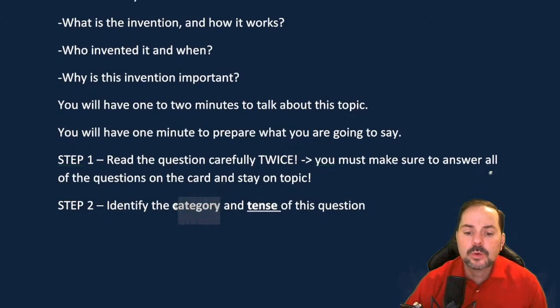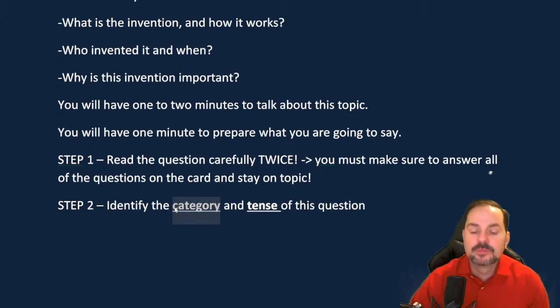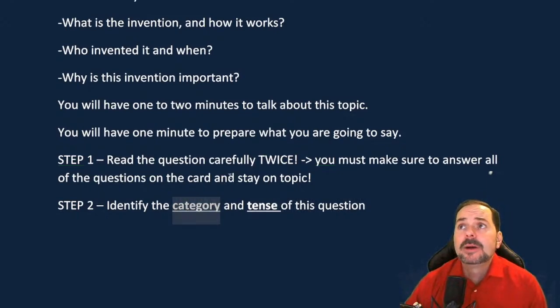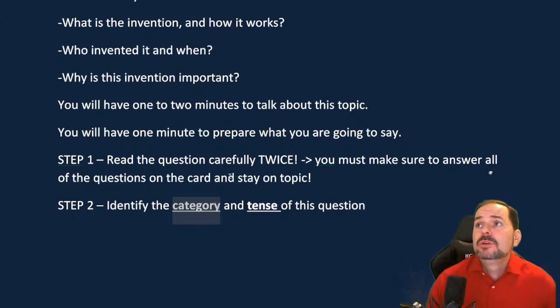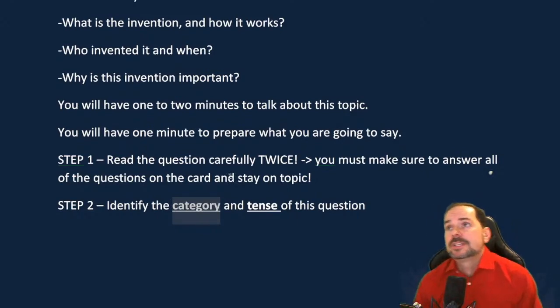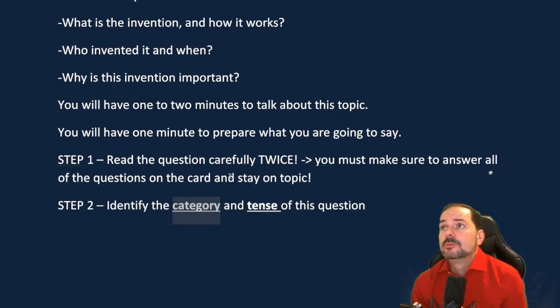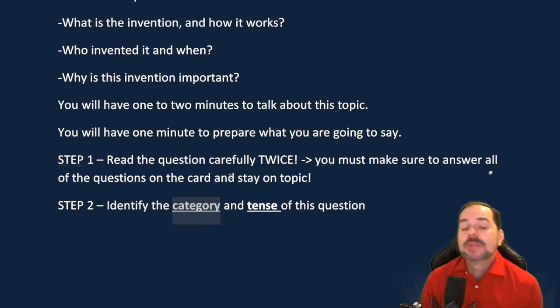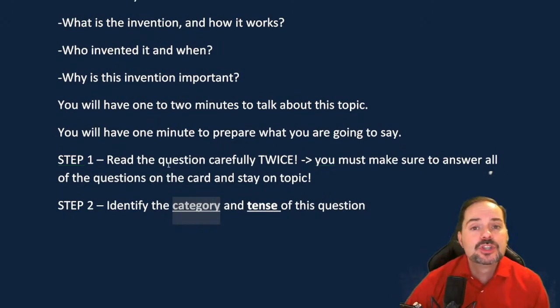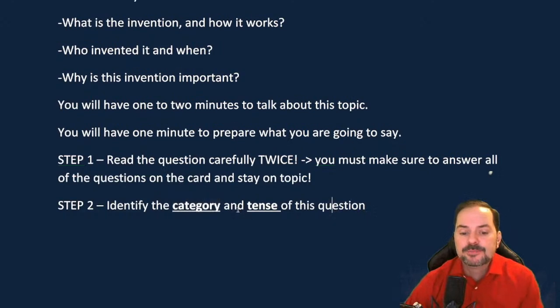All right, what do I mean by category? Some of you are probably thinking, what do I mean by category? Abu, computer, mobile phone would not be good choices. I see Abu Kaiser saying computer, mobile phone. Those are not good choices. I'm going to explain why in a minute. There's something interesting that I'm going to teach you with that, Abu. But I would not choose a computer, and I would not choose a mobile phone. And you're going to see why I wouldn't choose those answers in just a moment, okay?